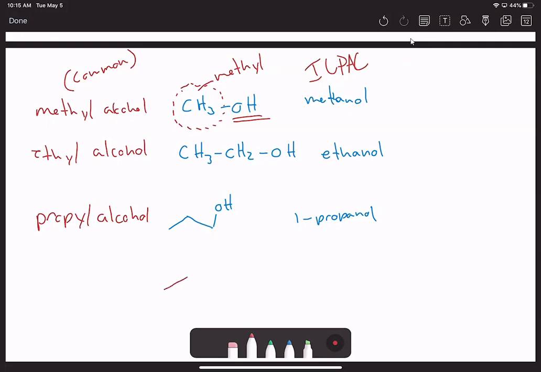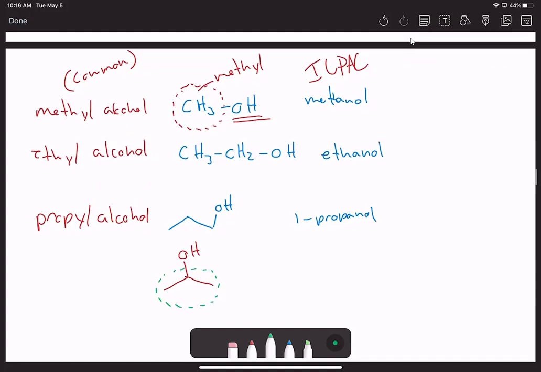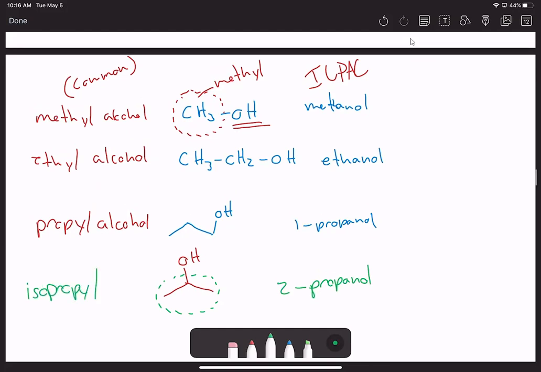I know somebody has this under their kitchen sink in the bathroom. Look at this here. Instead of labeling it as 2-propanol, it's commonly known as isopropyl alcohol.